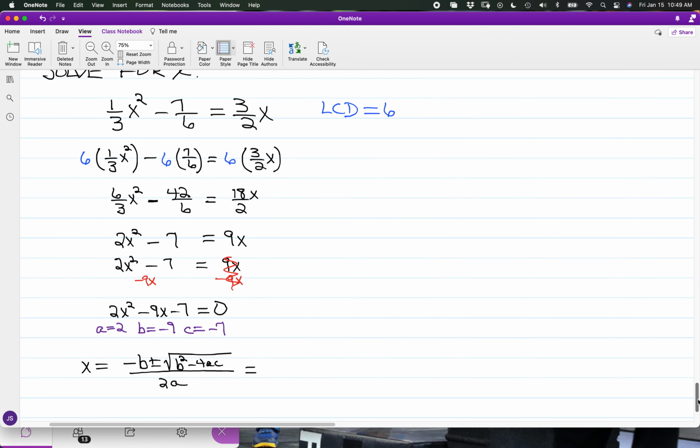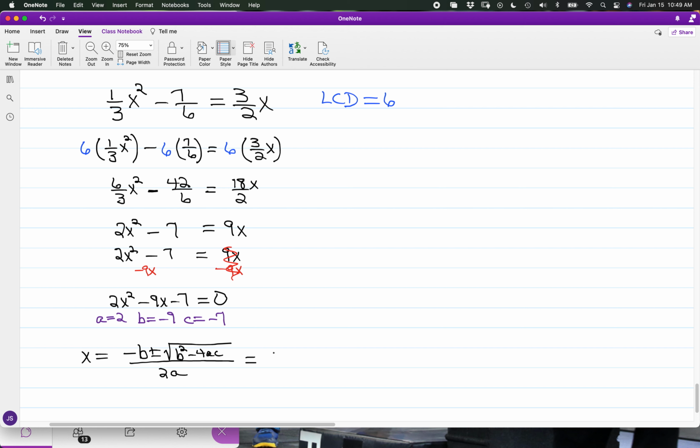For negative b, you have the negative of negative 9, plus or minus the square root. Now for b squared, we have the square of negative 9, minus 4ac, so you have minus 4 times 2 times negative 7. Again, we have all over 2a, so we have 2 times 2.